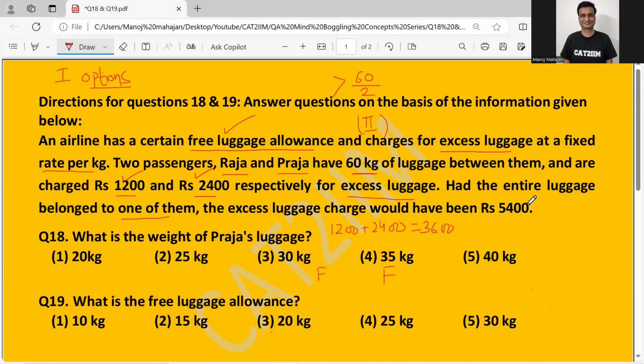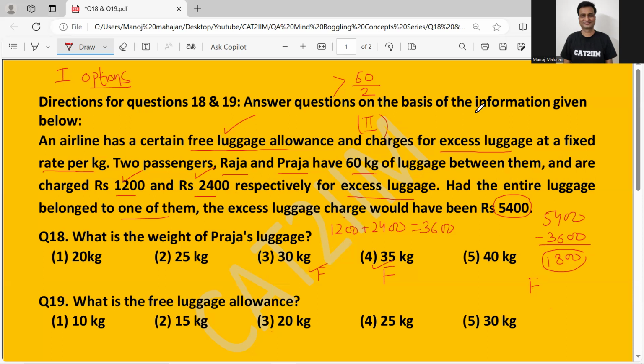Now, if the entire luggage would have been with one person, the payment is 5,400. So why is it 1,800 more? I'll tell you the reason. Over here, twice you got the free luggage allowance. Over here, you're getting only one free luggage allowance because the entire luggage is with one of the persons. So can I say that this 1,800 is the price for the free luggage allowance? That's the extra which you are looking forward to pay.